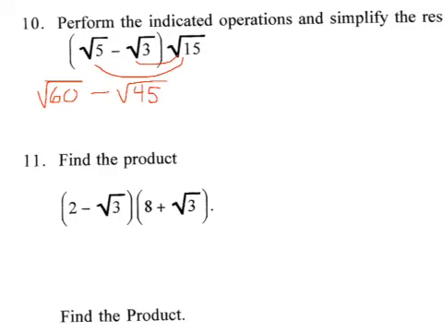So now what we need to do, we're not done yet unfortunately, is try to simplify these two radicals. We just simplified the square root of 45 in the last problem, so we know it's the square root of 9 times the square root of 3. Can you think of two numbers that when multiplied together we get a 60?